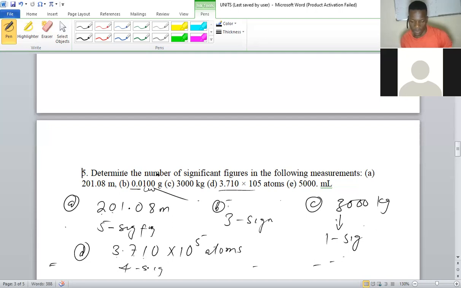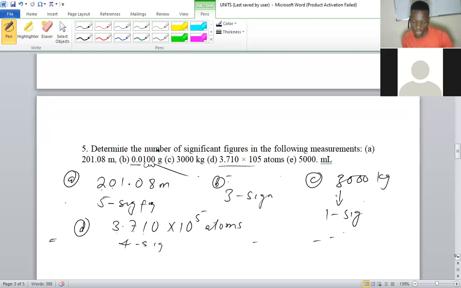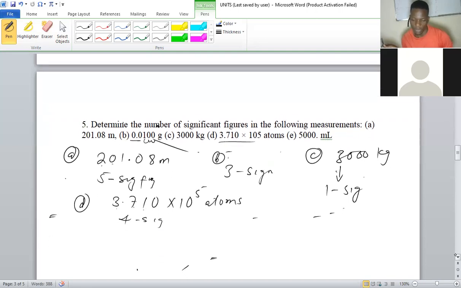And then on the last one, I didn't talk about it, but you can have such. You have 5,000, and down there you can see that there is a point.